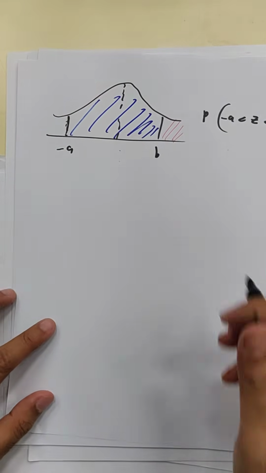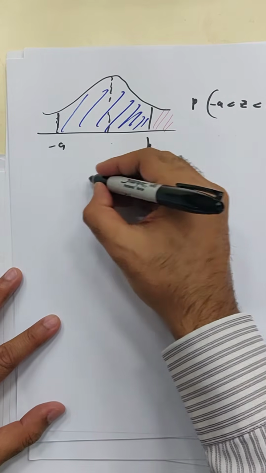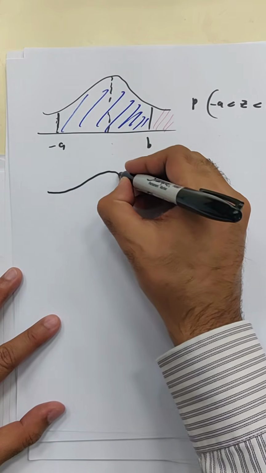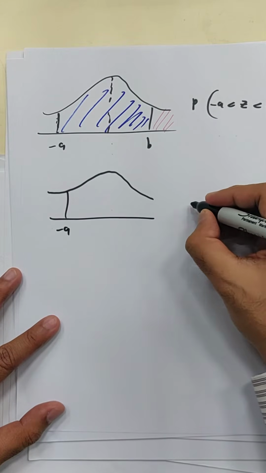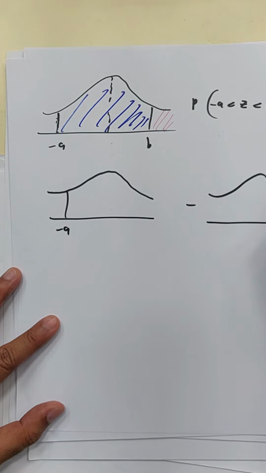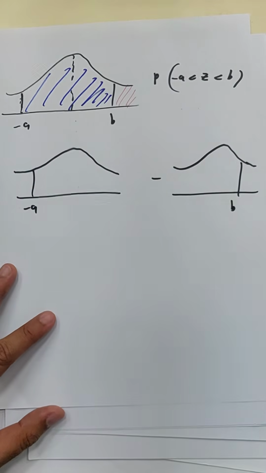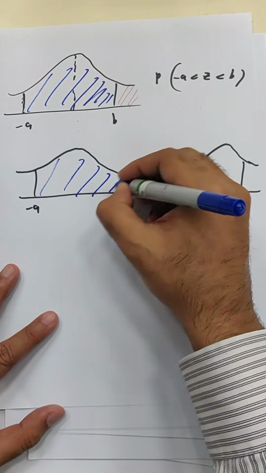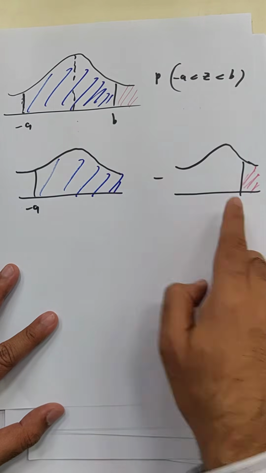So I'm going to divide this into two. I'm going to split this into two parts. I'm going to do this way. Negative A minus B. Let's calculate this one first.